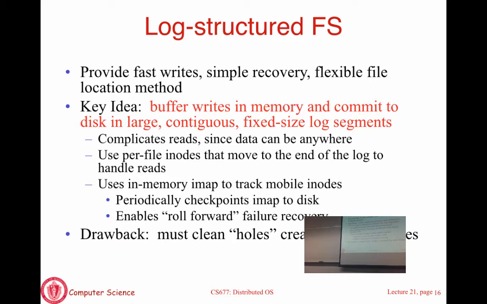Okay. So now if you assume that you have a file system cache that is helping you improve performance, you can ask the question, what is the impact of that cache on the traffic that the disk is going to see? Let us say that applications issue an equal number of reads and writes.